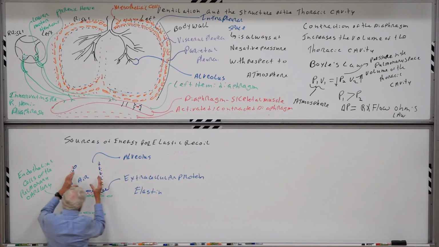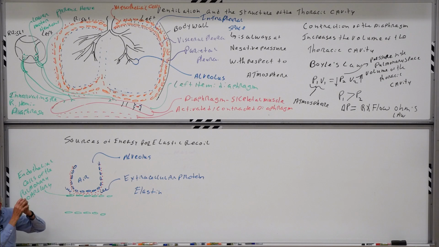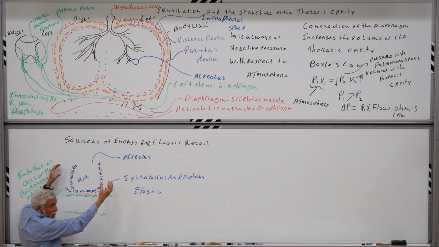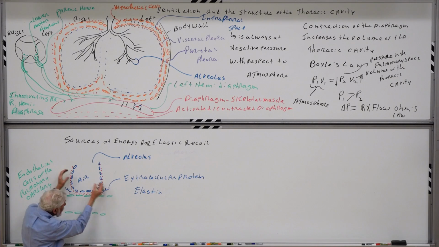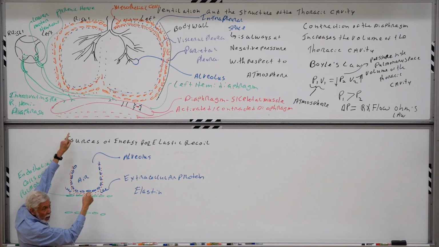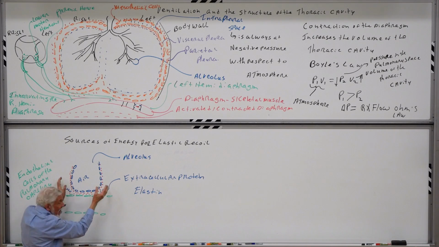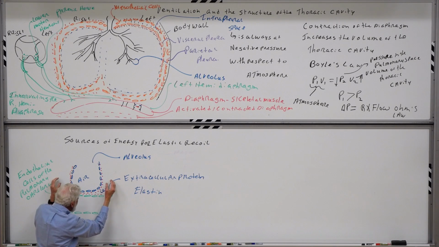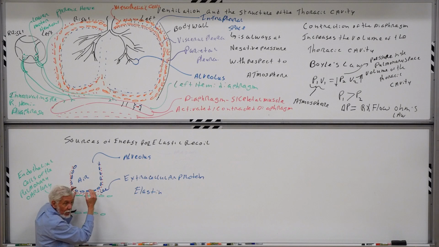So now you can imagine in this confined space, when we breathe in, this confined space is going to expand. But it's surrounded by rubber bands, if you will, in the form of elastin. So when we stop contraction of the diaphragm, we stop bringing air in, then the passive response is for these elastic rubber bands to spring back to their original position.